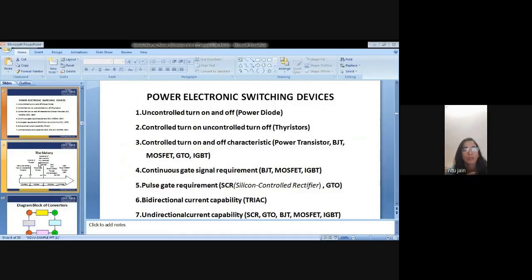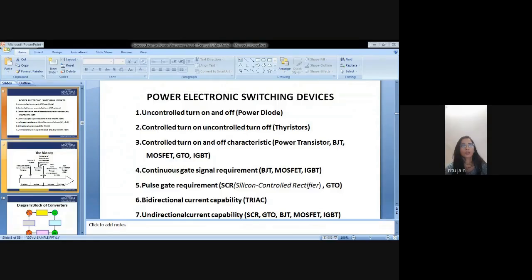You can control the turn on of this thyristor, but turn off is not in your hand. Third is controlled turn on and off characteristic, which covers power transistor, BJT, MOSFET, GTO, and IGBT. You can control on and off of these devices. These are also different types of power electronic devices. We will discuss these devices in detail later.